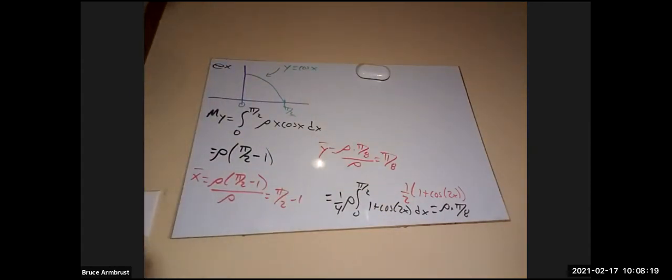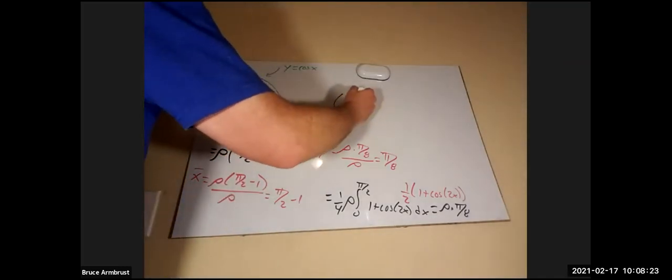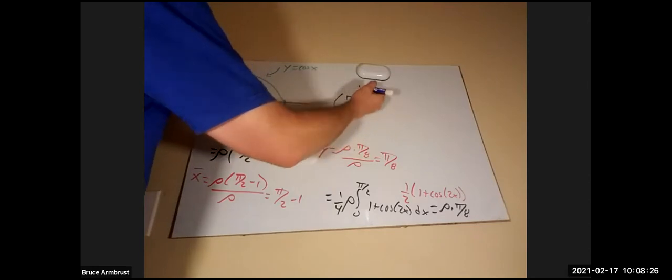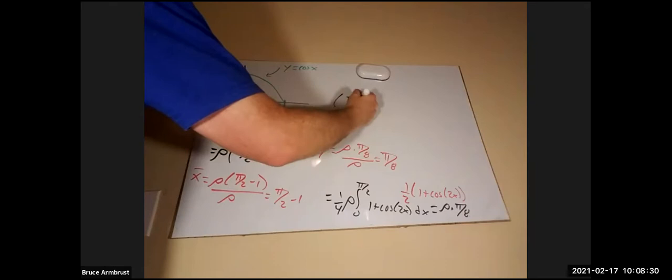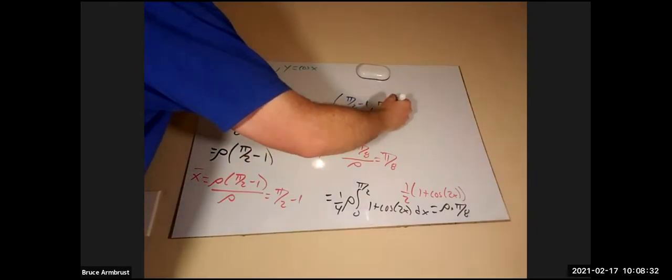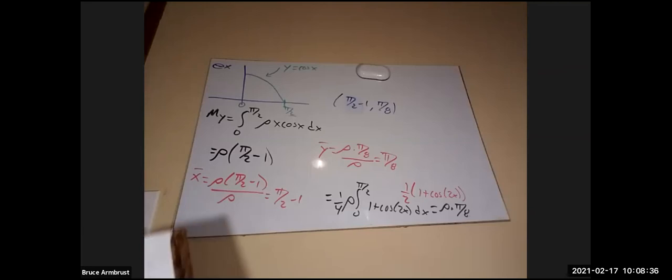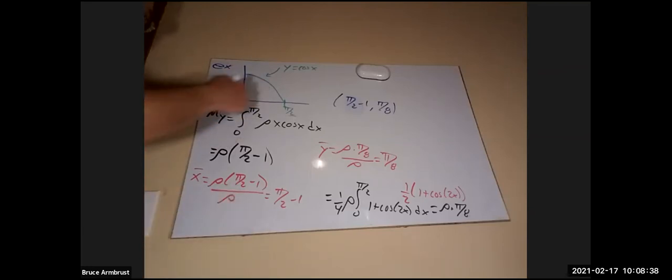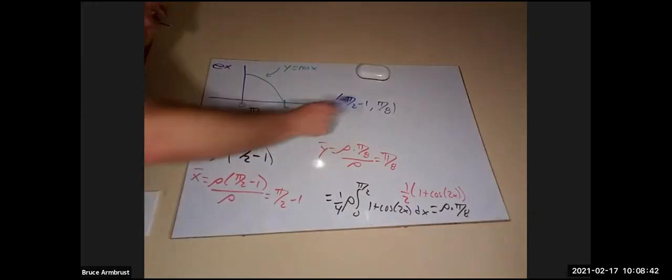So the center of mass for this object is pi over 8, comma, or no, that's the y coordinate. All right, pi over 2 minus 1, comma, pi over 8. So this shape could be treated as one point right here.